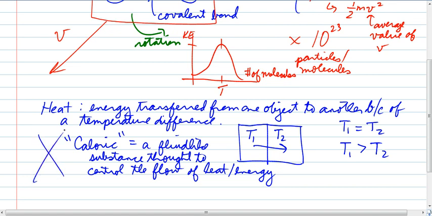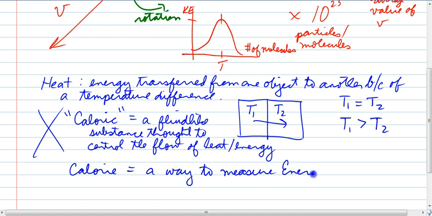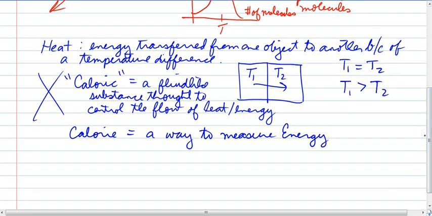And as it turns out, caloric doesn't exist. So the idea of the calorie, however, as a way to kind of measure heat, sorry, not the calamari, the calorie is kind of a way to measure heat, or rather energy. And there's something that we call the mechanical equivalent of heat.